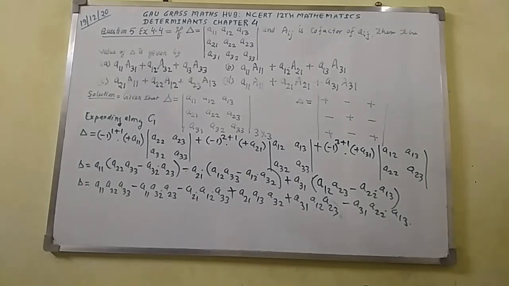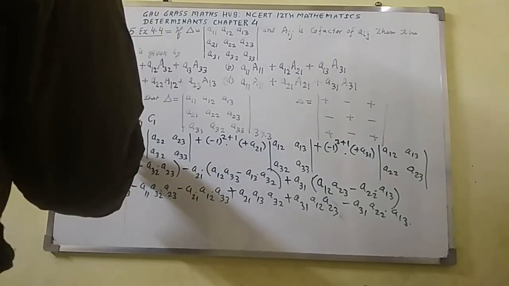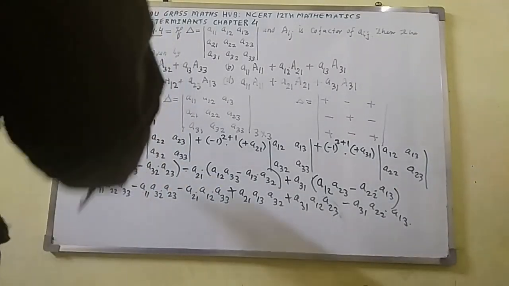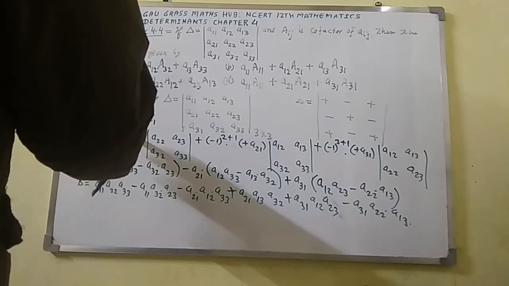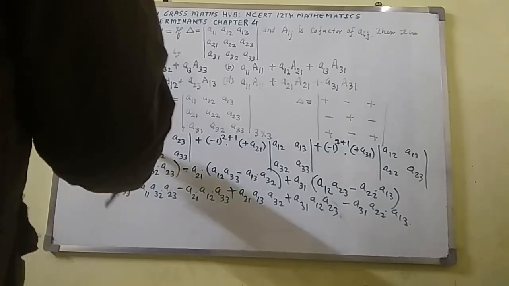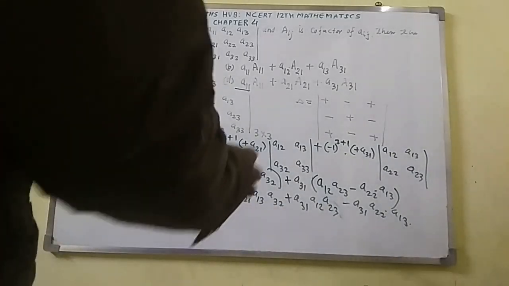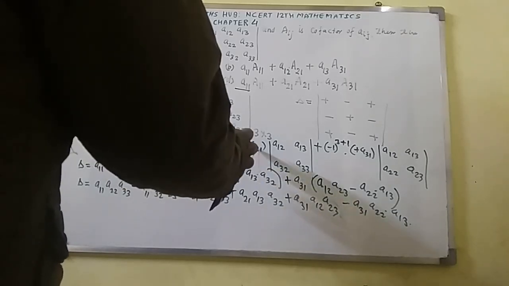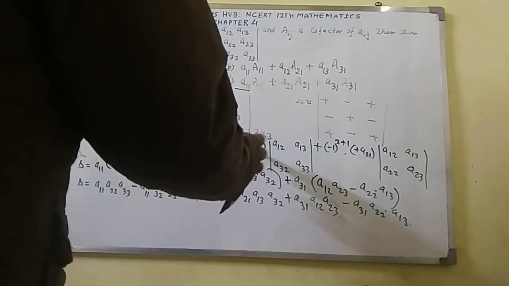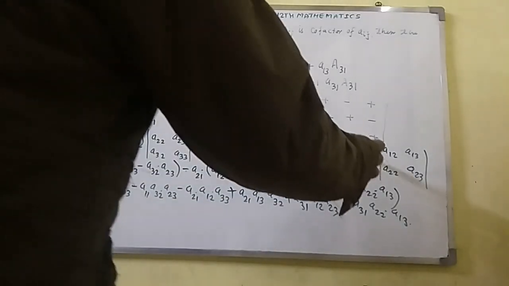So this means that option D comes out to be true, because here you can see minus 1 raised to power 1 plus 1 comes out to be 1, plus A11. So A11 is there. Here you can see A21 is there. And here you can see A31 is there.